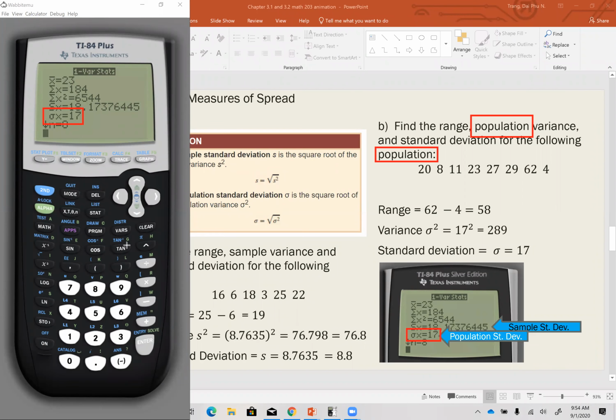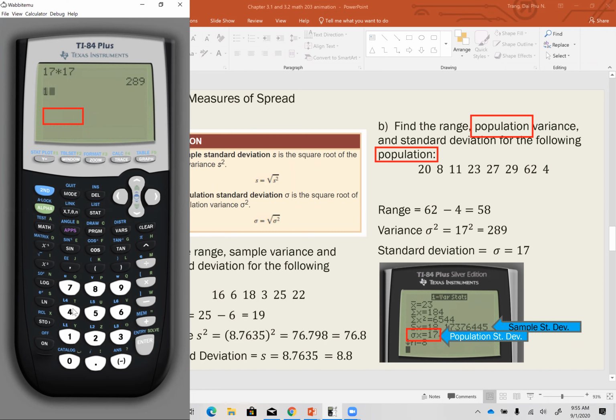So first of all, as you can see, we have this, which is my standard deviation. To find my variance, I just need to take the standard deviation square, which is all we need to do is take the 17 times 17, right? 17 squared is 17 times 17, which is 289.